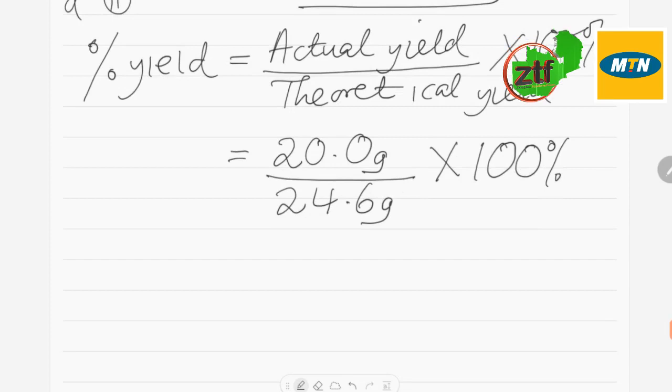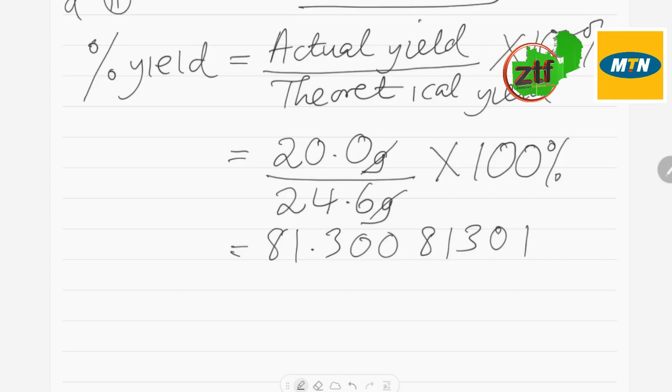Remember, the gram and the gram will divide. So we're going to have 20 divided by 24.6 times 100, giving us 81.3008131.